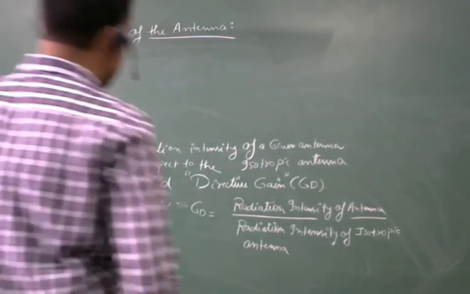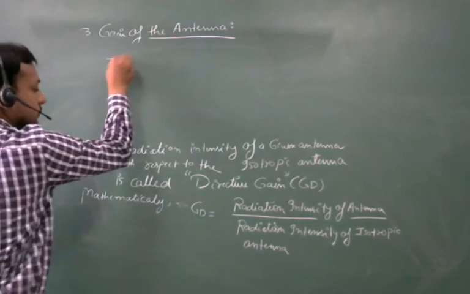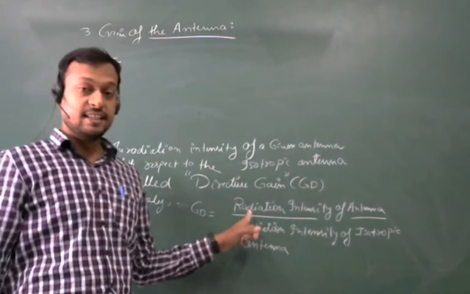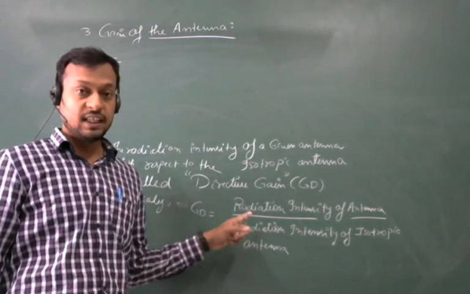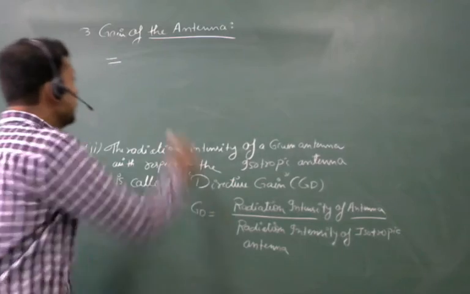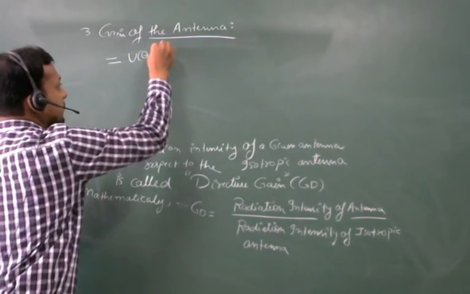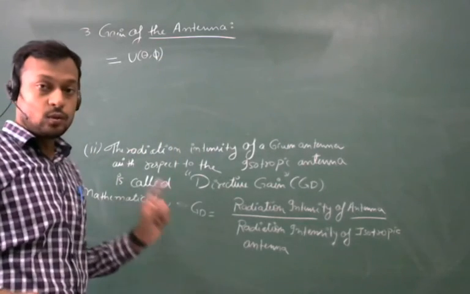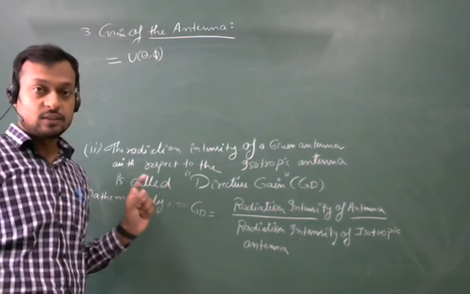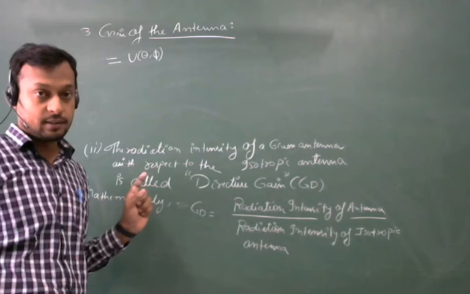So it can be denoted by the radiation intensity, and we have seen that this intensity is denoted by U theta comma phi. That is, there is no r term, no magnitude term; it has only direction terms.